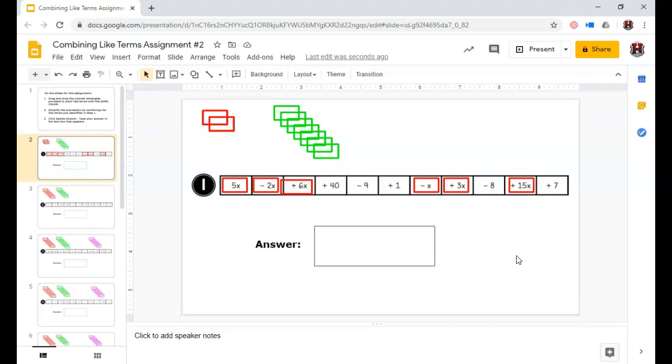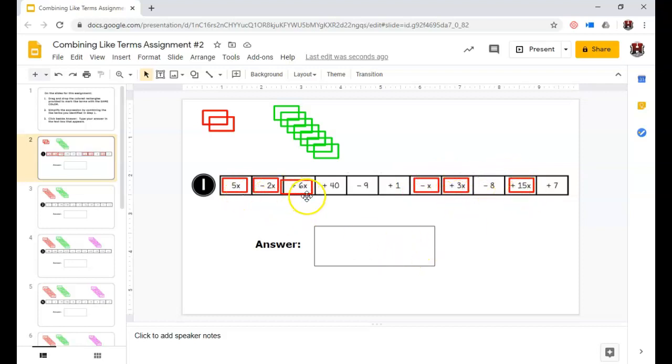And so now you'll combine them by doing what the number part says. So with a calculator, do 5 minus 2 plus 6 minus 1 plus 3 plus 15.